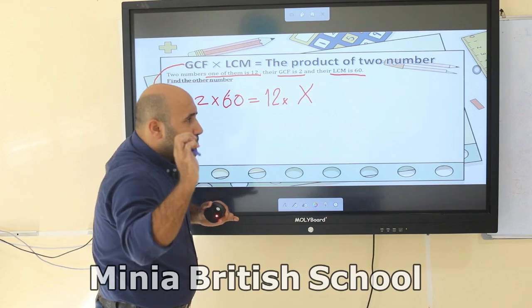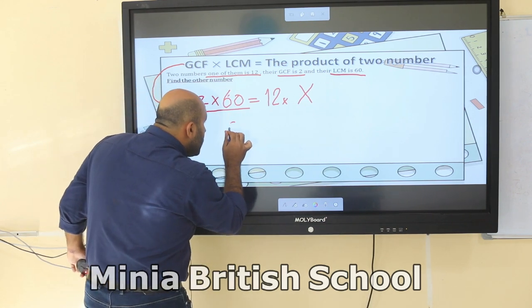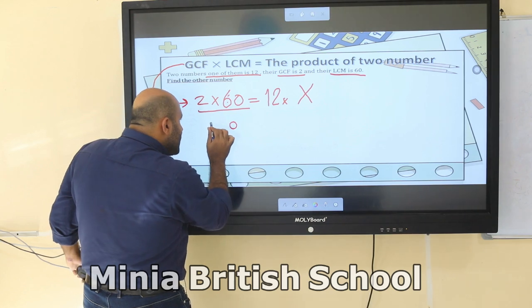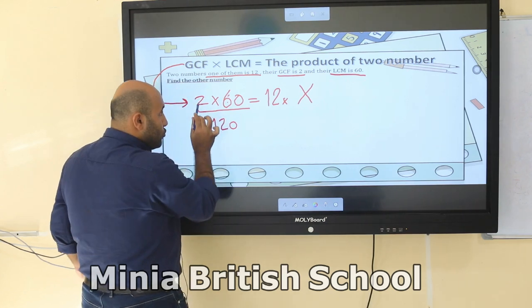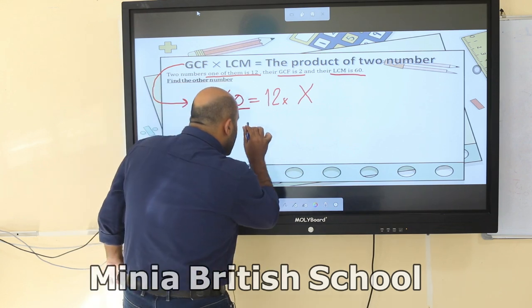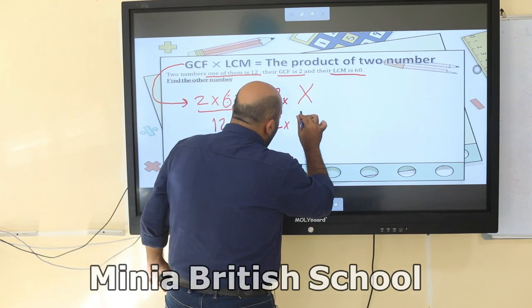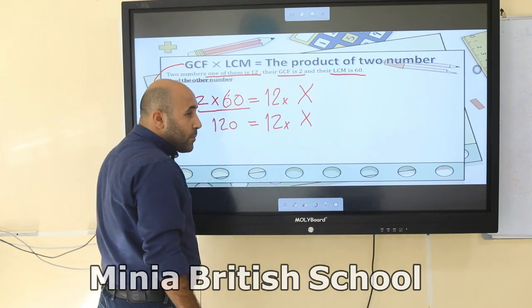Let's go step by step. 2 times 60: drop the 0, and 2 times 6 equals 12, so 2 times 60 equals 120. That equals 12 times a number I don't know.